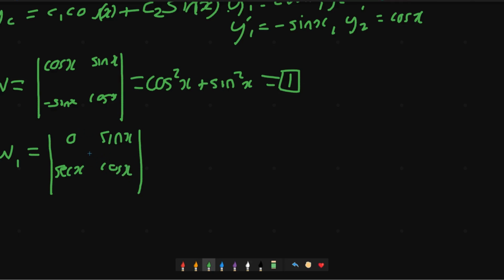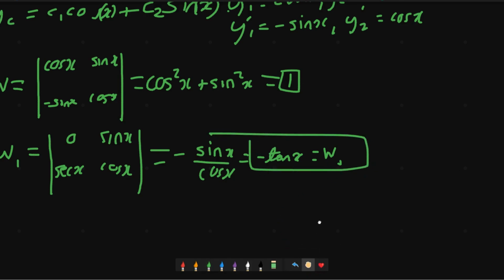We do the same, you multiply these two, and that'll get us 0 of course, and we do minus sine times secant. Well, secant is just 1 over cosine, so it's going to be minus sine x over cosine x, which is minus tangent x, which equals W1.